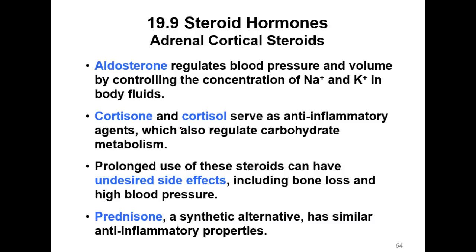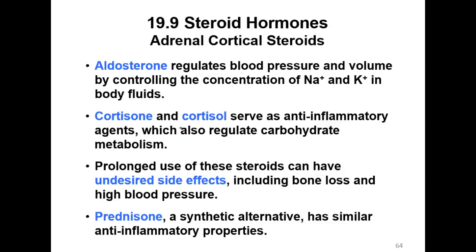Prednisone is kind of the most common oral steroid that is given. It has this anti-inflammatory effect. Again, if you have asthma and it's getting out of control and your inhalers aren't working anymore, usually they prescribe prednisone or prednisolone with an L, which I believe is a precursor for prednisone.